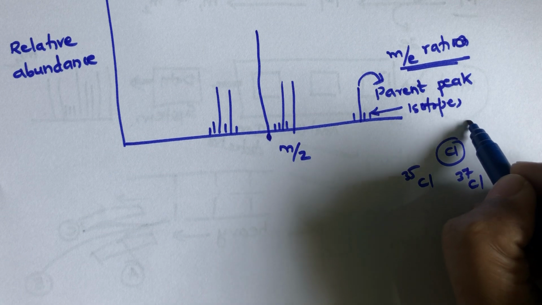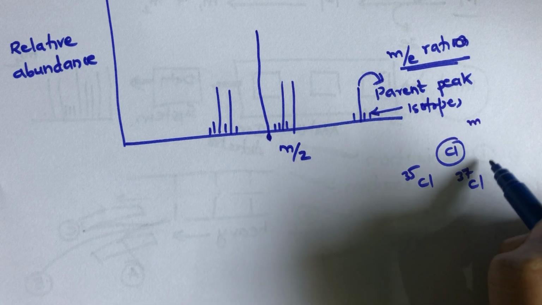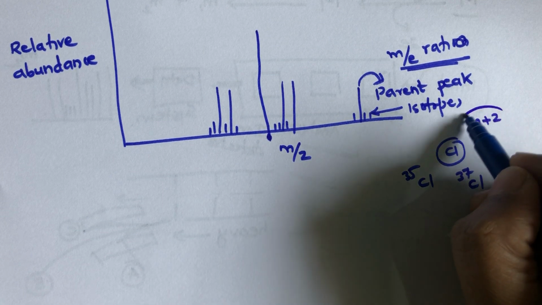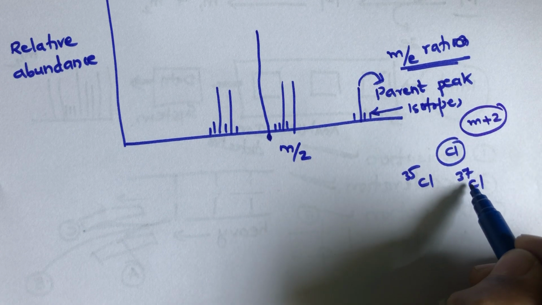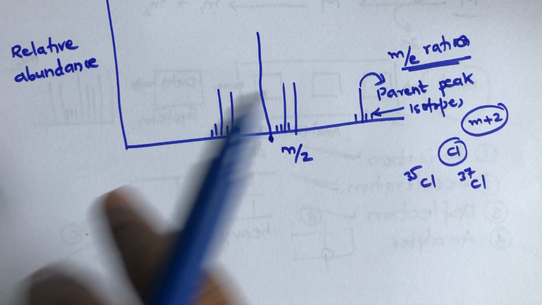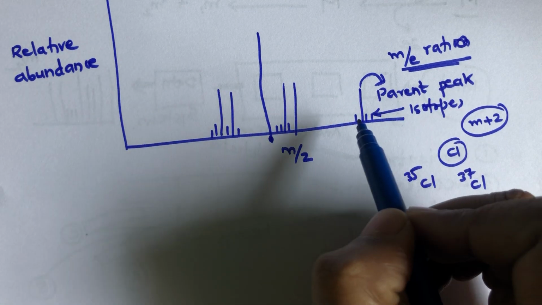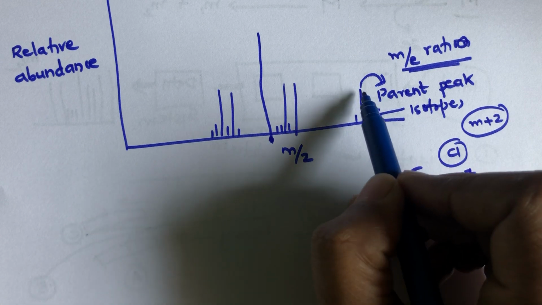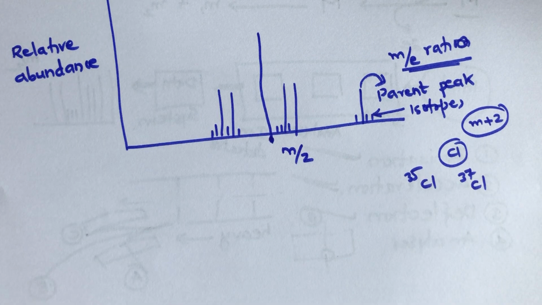Think of m as the mass of a compound; then you get some peaks at the m+2 value also. Why? Because of this isotope. So the parent peak is the molecular mass of the compound, the ion of the molecule without fragmentation.